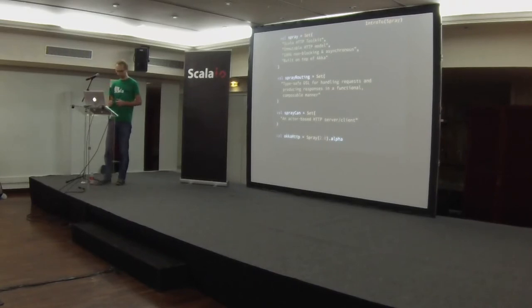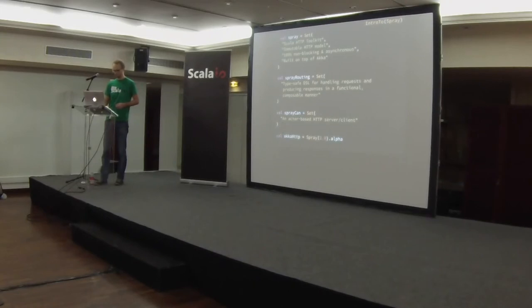And last but not least, Spray CAN is the lower level, a full HTTP server based on Akka, and when you run Spray applications, you're almost always going to use Spray CAN to run it. At the moment, there's still a servlet version, which allows you to run on servlet engines, but the Akka-Http version will no longer support that.